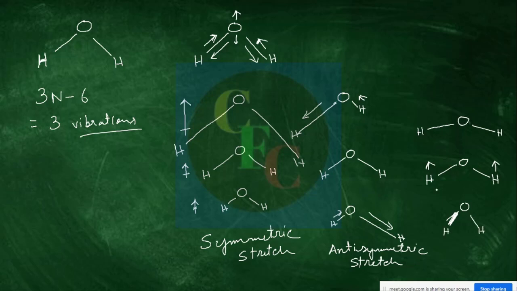So the hydrogens are moving like a scissor, either closing or opening. This is not a stretch, because the bond length is not decreasing or increasing. These are called bending, and in this case it is symmetric bending. So these are the three types of vibration for the water molecule.